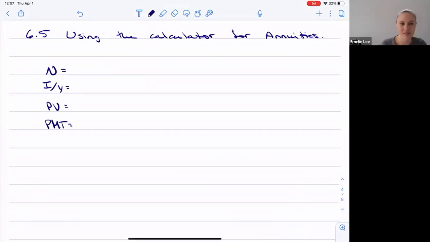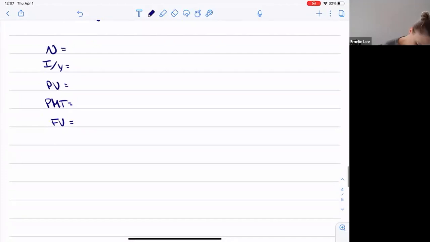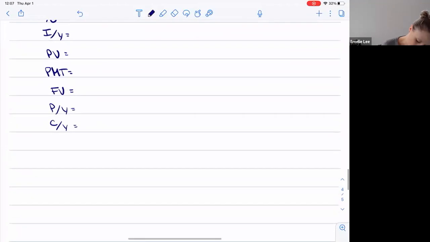Hey, that sounds familiar. Equals, future value equals. And then we also had the payments per year, compoundings per year, also familiar. And then also let's talk about the beginning or the end mode.